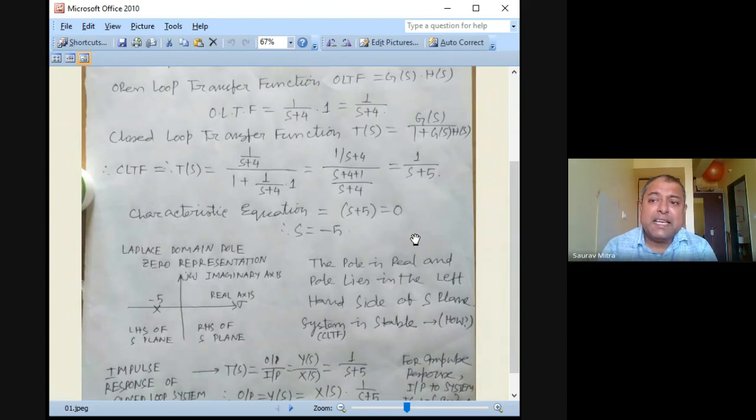Whatever is the highest power of S in the characteristic equation, that is the order of the system. In this case, 1 by S plus 5, so S raised to 1 means it's a first order system. If it was 1 by S square plus 3S plus 2, or 1 by S square plus 7S plus 19 equal to 0, then you have to solve a quadratic equation. If this was the denominator equation, then we could have called that system a second order system. Understood?